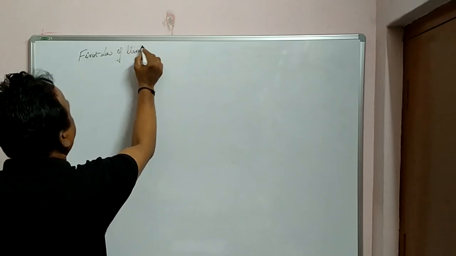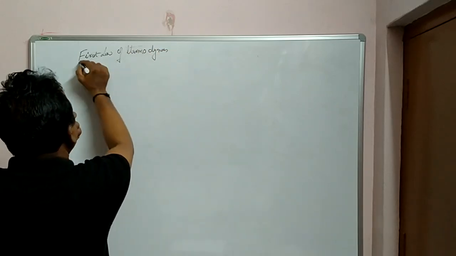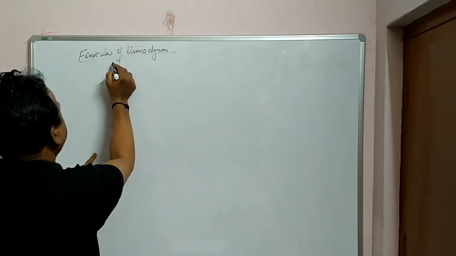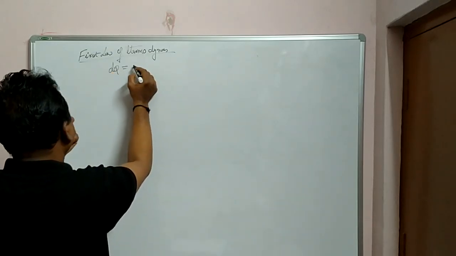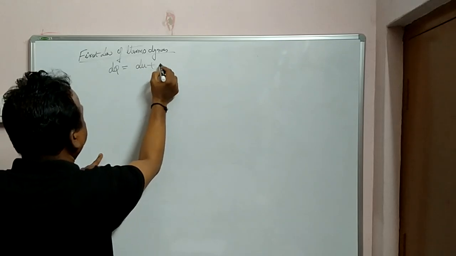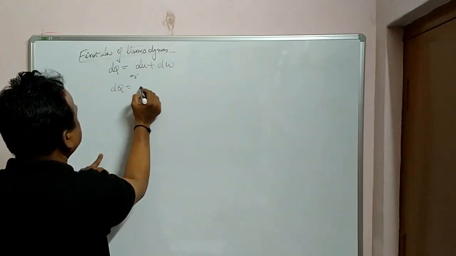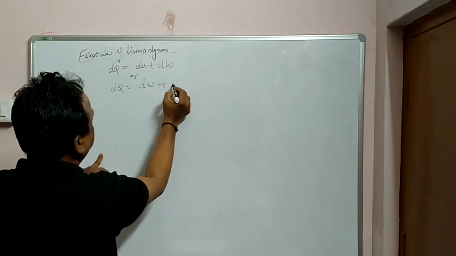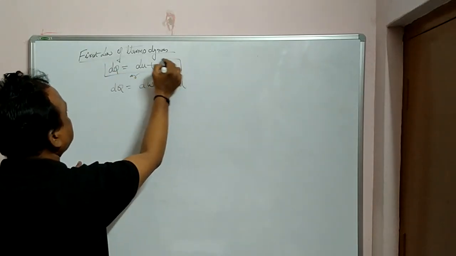First law of thermodynamics. So what does first law state? dq is equal to, you can write in two forms. dq is equal to du plus dw, or dq is equal to dw plus du. Both are right.